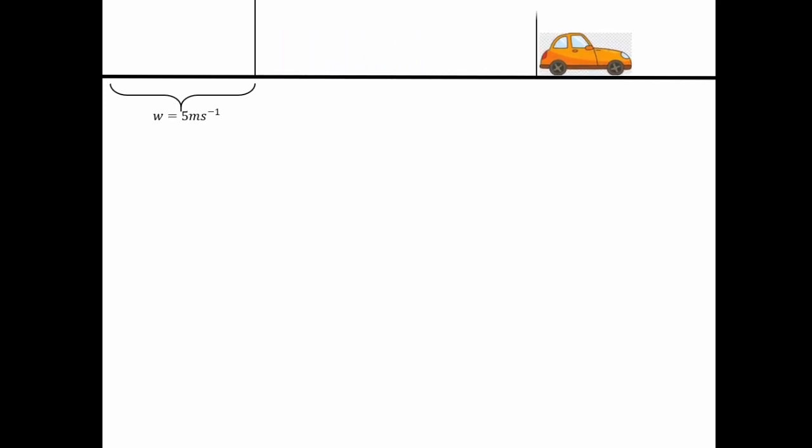Now for the solution, first we need to imagine the condition that is given in our question. So here is our road and here is a car. First the car moves with uniform acceleration w equal to 5 meters per second squared, and then with uniform velocity v, that is our final velocity during acceleration w, and then finally it decelerates with the same rate w and comes to rest.